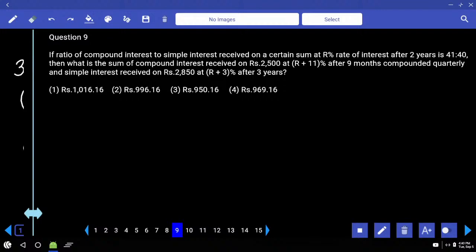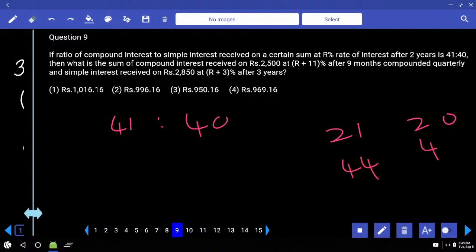If you observe, the ratio of compound interest to simple interest is 41:40. Tell me where we get this, tell me for 10%. What is the ratio of compound interest to simple interest for 2 years at the rate of 10%? 21 and 20. And if it is 20%, then 44 and 40.